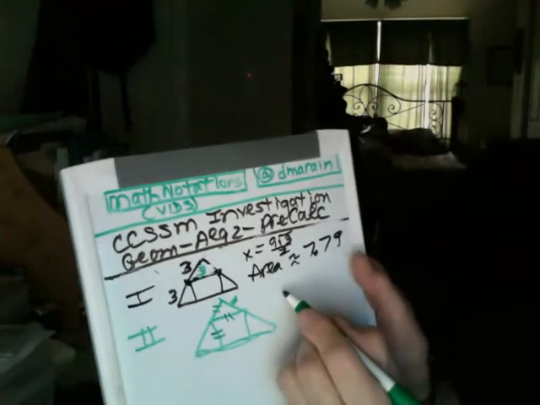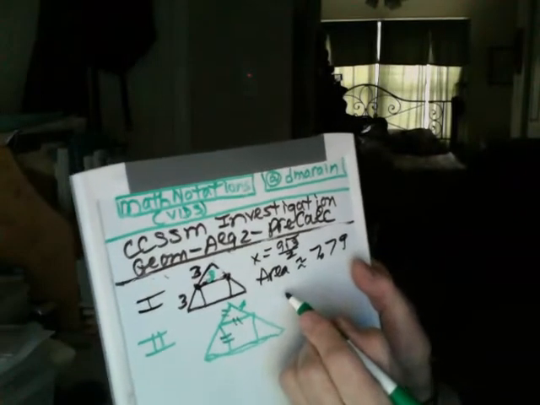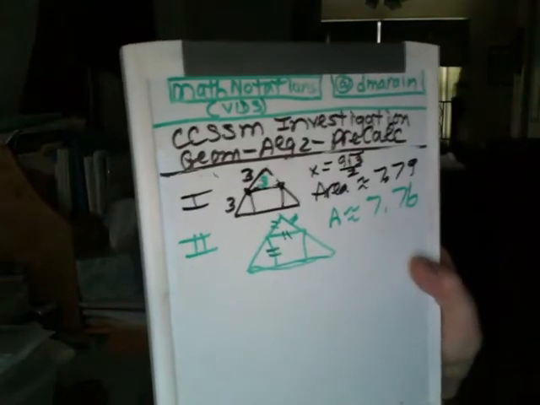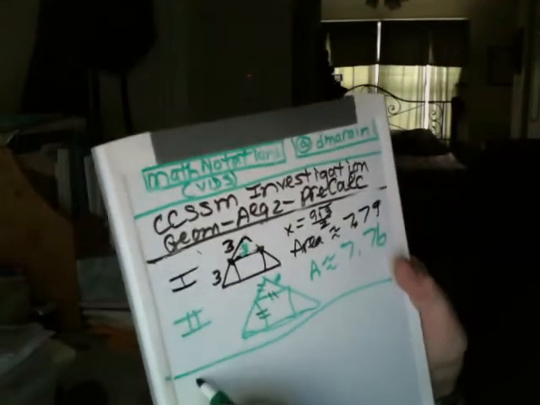And it turned out that for the square, the area was approximately 7.76. So it may very well be that our original midpoint case produced the rectangle of maximum area. Well, let's move on to the general.